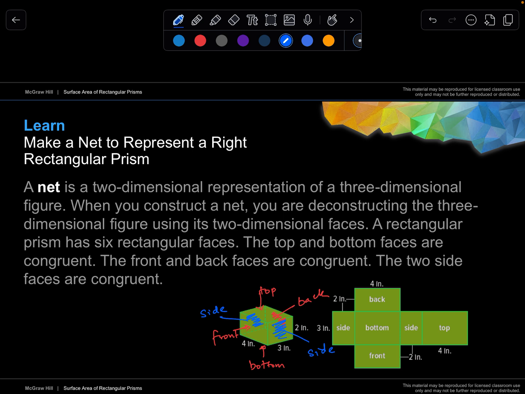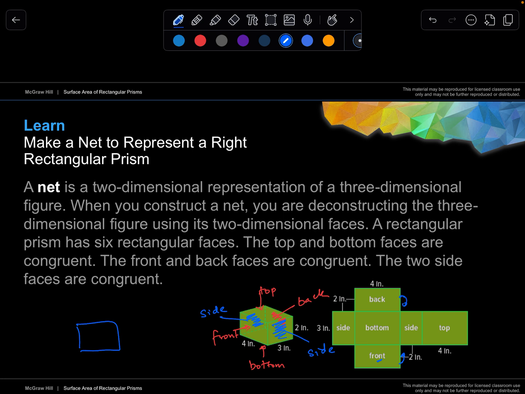Pretend that you're opening the box up. The bottom stays the same. And then if you look at this flap, if you were to fold this upwards, that becomes your front.